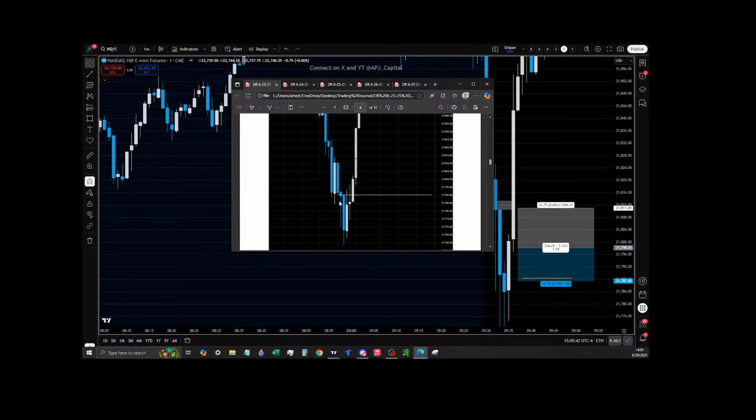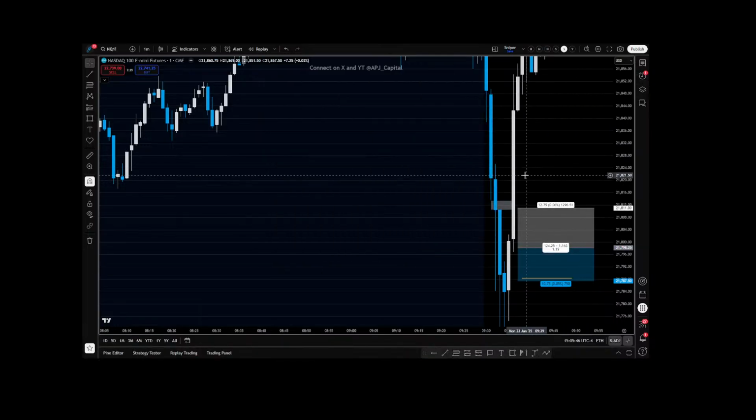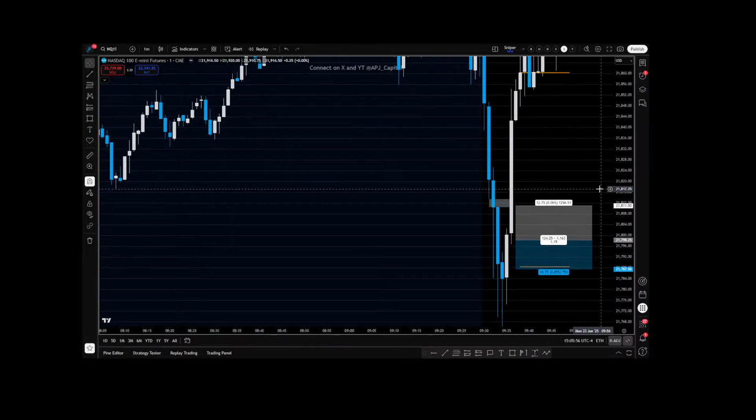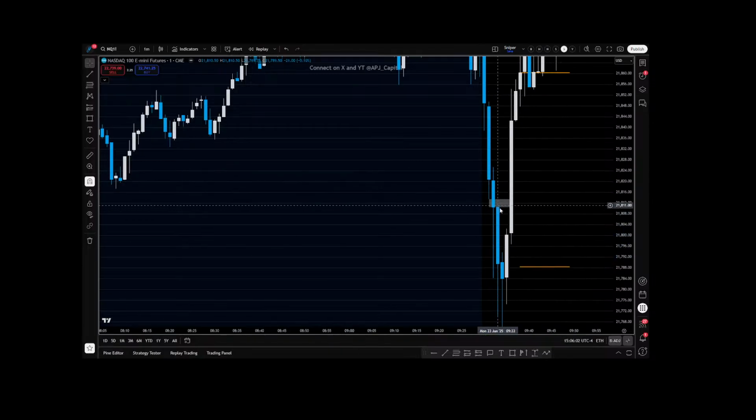We closed above these two 30-second down close candles, so I want those to act as a sort of defense mechanism for my long position. As you can see here, virtually no drawdown was suffered, just went straight to TP. Those trades are always the best, right? When we know higher time frame is aligned with our lower time frame precision. That was trade 1 on Monday.